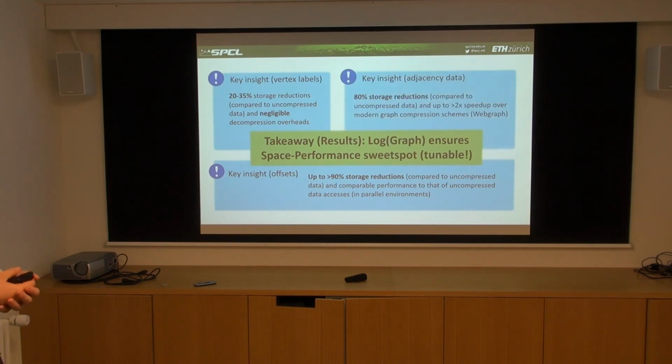And finally, if someone wants to go more for the compression but doesn't care that much about the performance, then they can use the compression of the adjacency data that is included in the LogGraph with much higher storage reductions and also somewhat higher performance overheads, which are still usually much better than the ones from the graph compression schemes such as WebGraph.